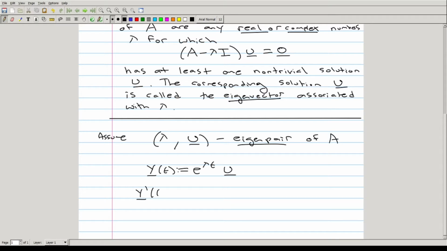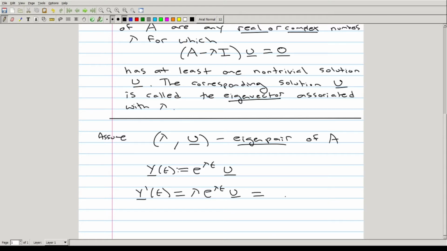If you take the derivative of y of t, u is constant, lambda is constant, so this just becomes lambda times e to the lambda t of u. This holds whether the eigenvalue is real or complex. You can show this.